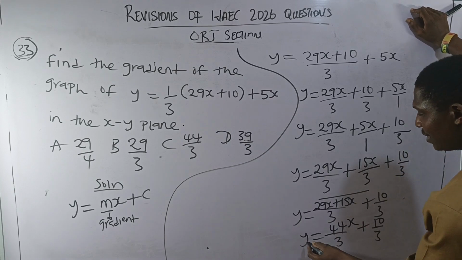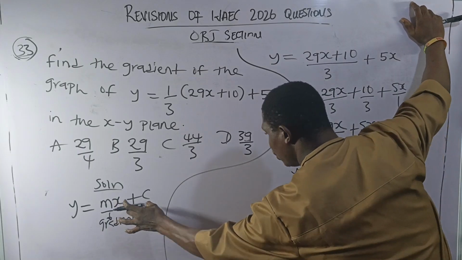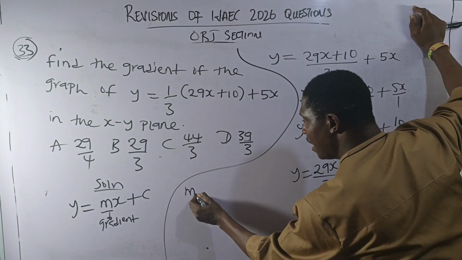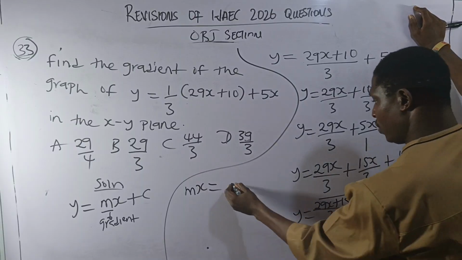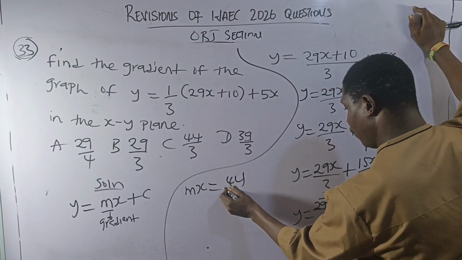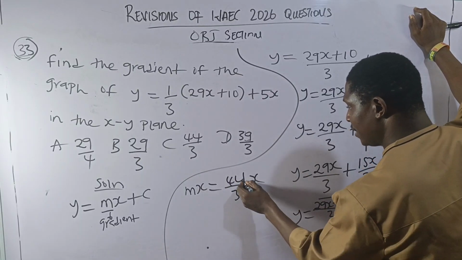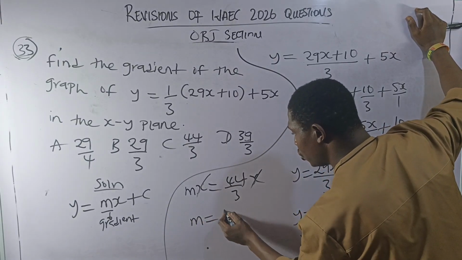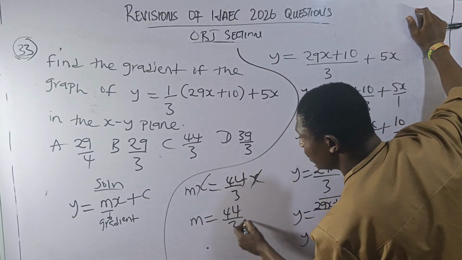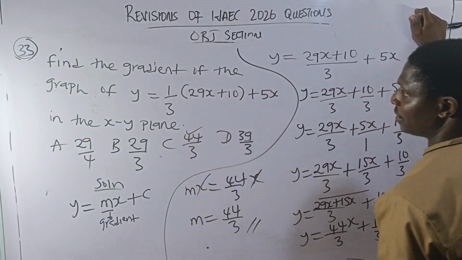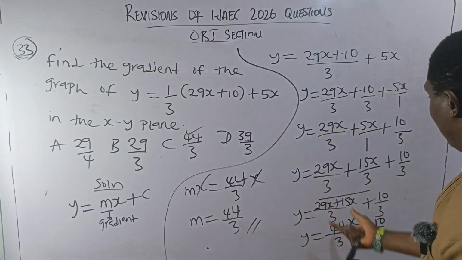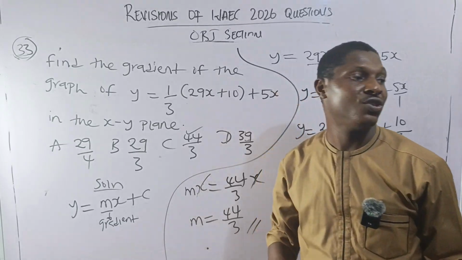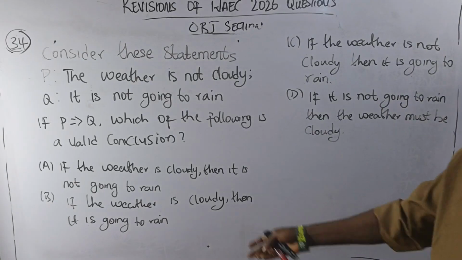Then if I compare this equation with this equation, my y is equal to y, and my mx will be equal to 44 over 3 x. And you can see that 5x can cancel 5x, and my m, which happens to be my gradient or slope, is 44 over 3, which corresponds to my answer C. And take note that this 10 over 3 simply represents the intercept. Thank you.